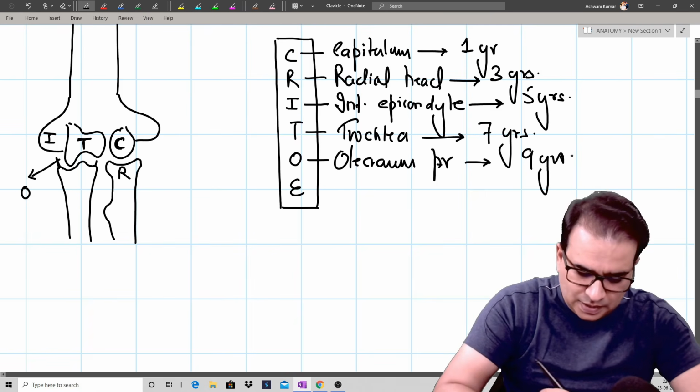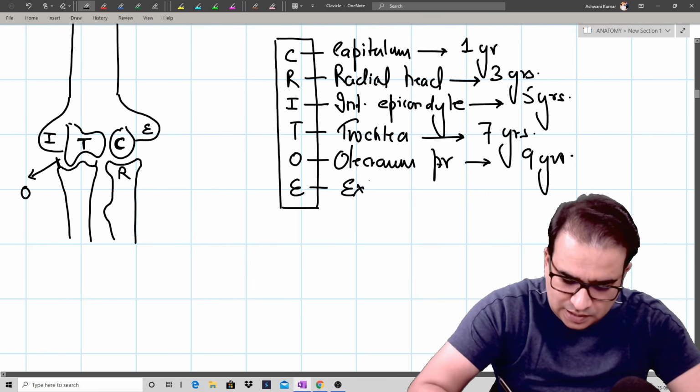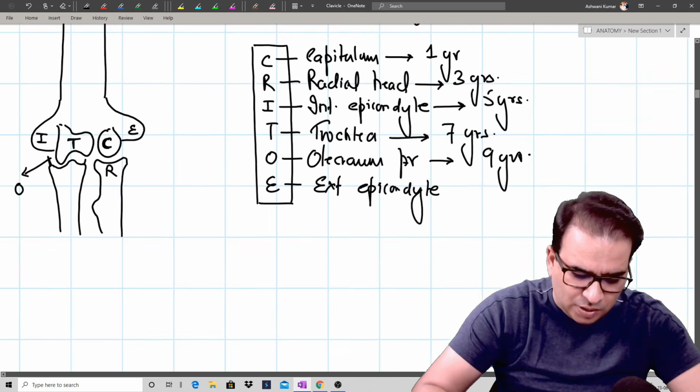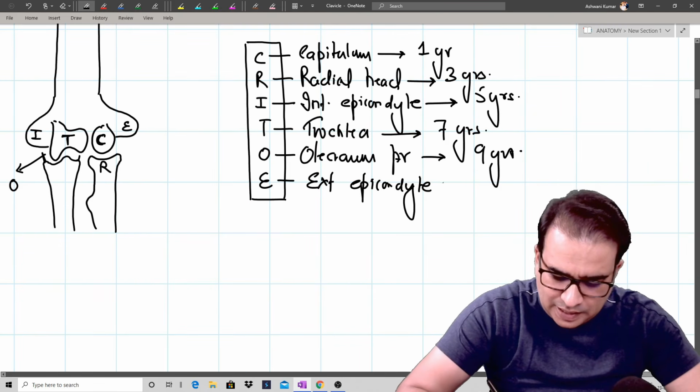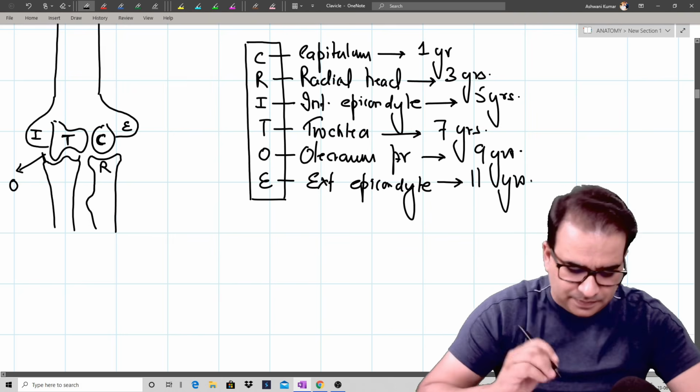And E is for the external epicondyle, that is nothing but the lateral epicondyle. This external or lateral epicondyle is the latest to appear, and that is by the age of 11.